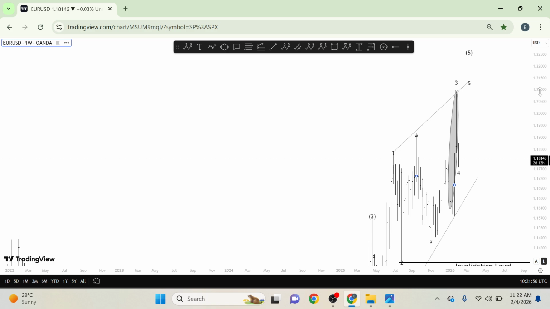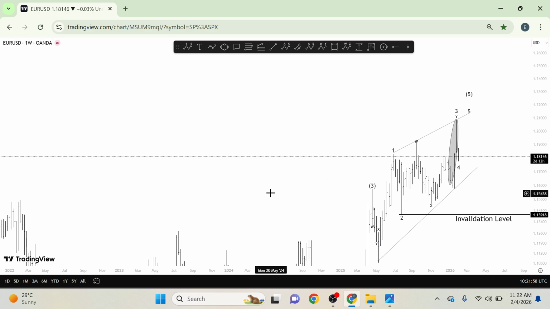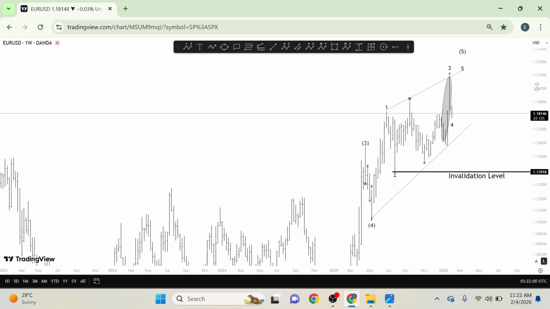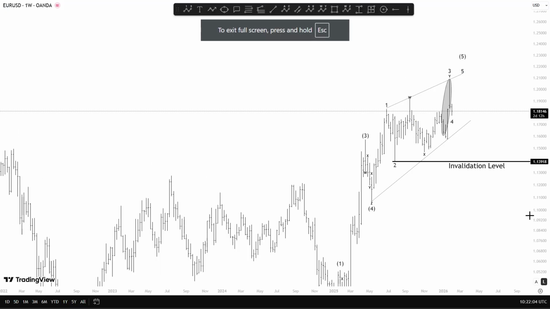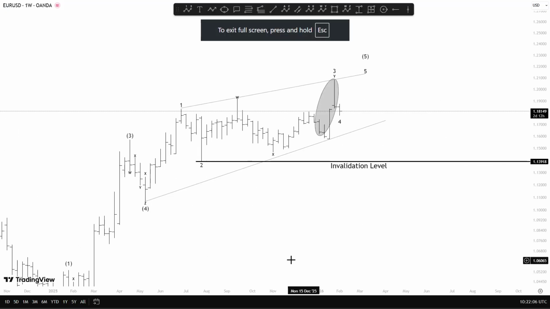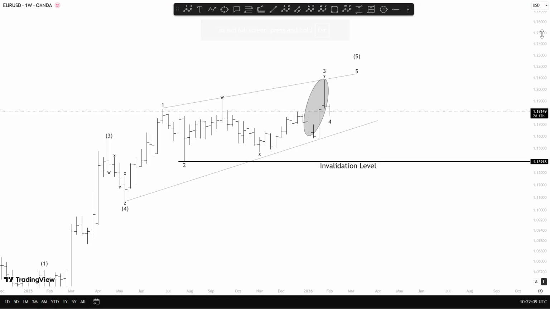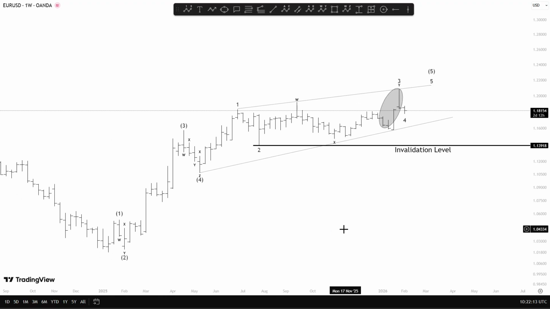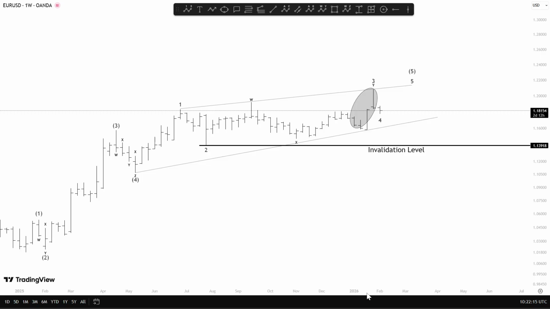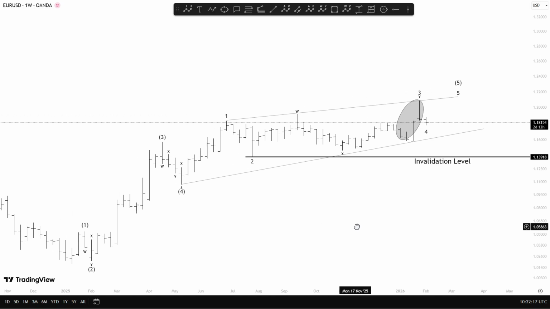And now we are currently in wave 4. After everything, we are currently in wave 4 of an ending diagonal. So this is it.